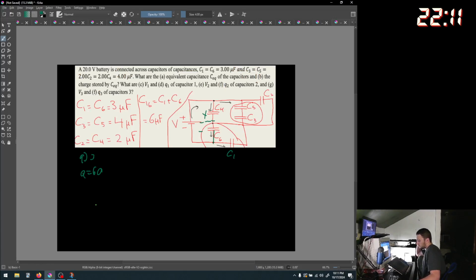And we know it's plus minus. What we're going to have is 60, 20 volts. It's going to be Q1, it's going to be Q2. It's going to make Q for each of these 30.